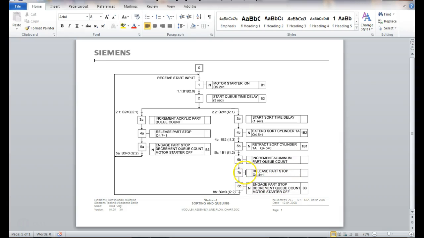And then this is going to release the part. Well, this doesn't tell us how it knows to release the part, but then it says engage part stop, decrement Q count, and motor start off when it hits what? B3. So it looks like there's something missing out of this thing. Let's go back. Let's go look.